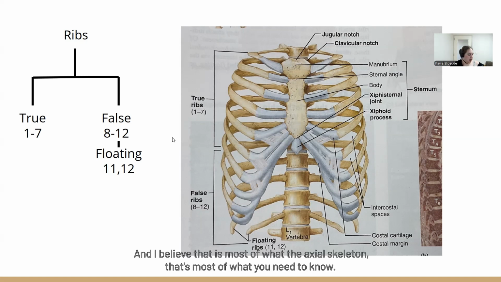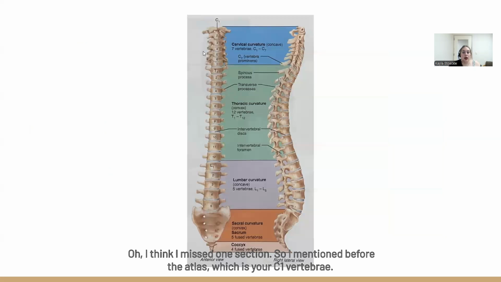And I believe that is most of what you need to know for the axial skeleton. Oh, I think I missed one section. I mentioned before the atlas, which is your C1 vertebrae. Your C2 vertebrae is known as the axis, and it's a pivot point for rotation of the atlas, which is your first vertebrae attaching to the skull.